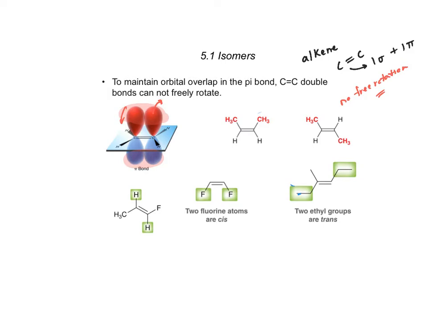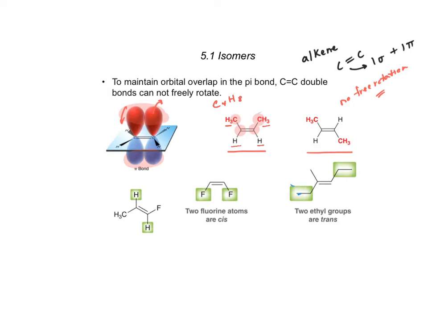So for example, let's compare this molecule to this molecule, okay? If we looked at the molecular formula for both of these, what would it be? We would have carbon, carbon, carbon, carbon. So we've got carbon 4, and 3 hydrogen, so that's C4H8.